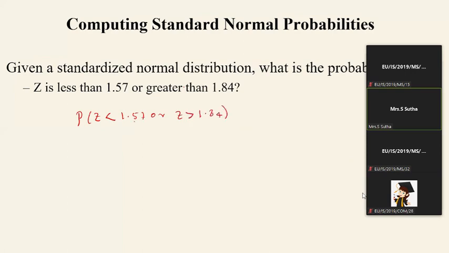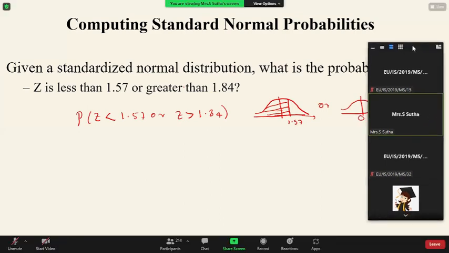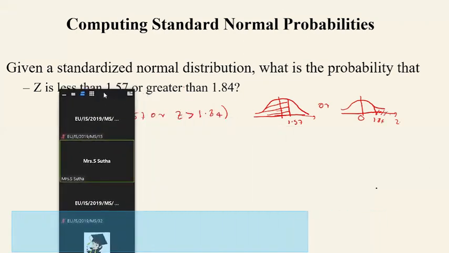Now, taking the graph, Z less than 1.57, or we need Z greater than 1.84.